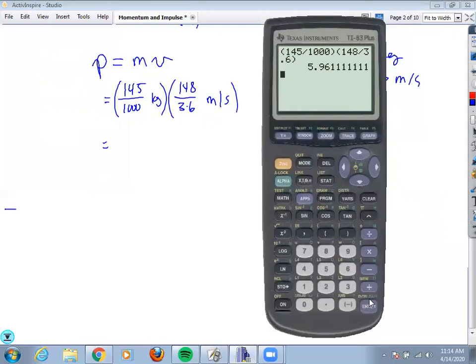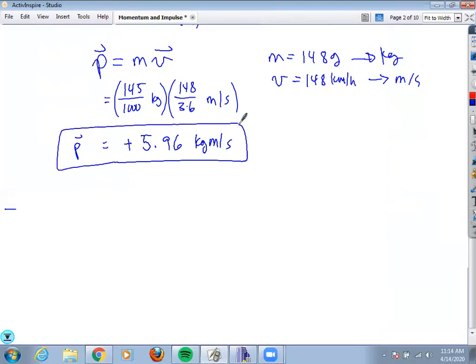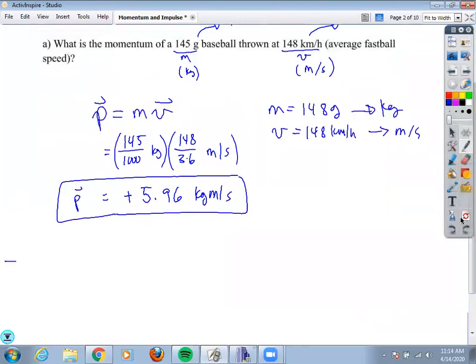I believe we were taking this to three significant digits, so 5.96. Now we need a vector. We'll just assume forward, so positive 5.96 kilogram meters per second, and that is our momentum of the fastball. So I hope that makes sense. Basic calculation, that is solving for momentum.